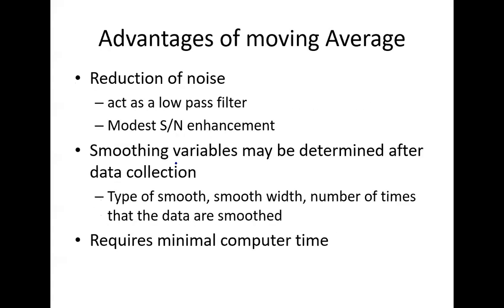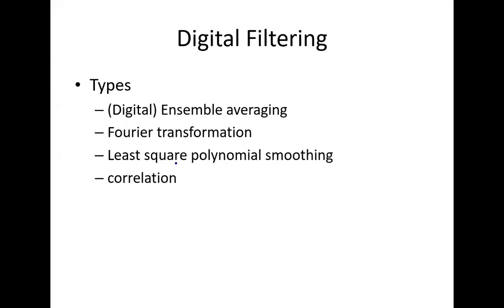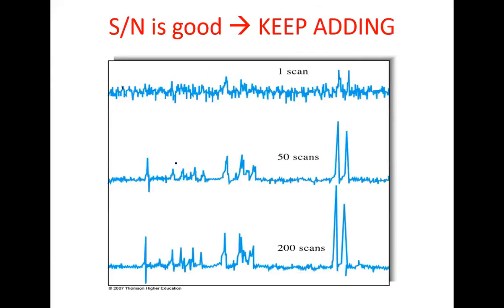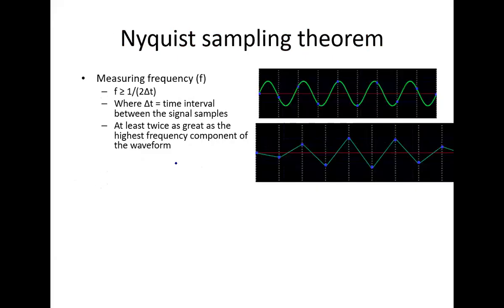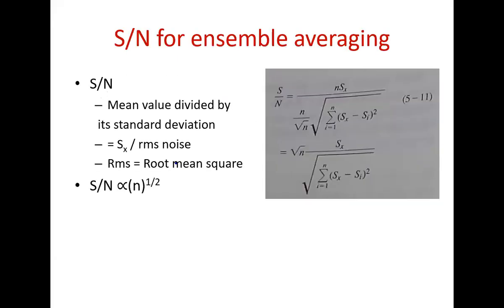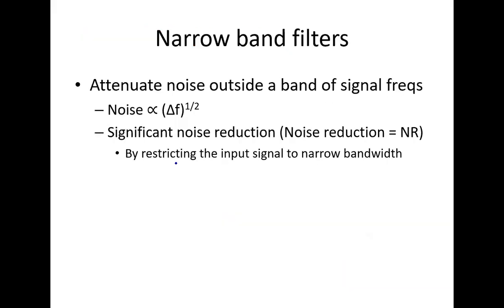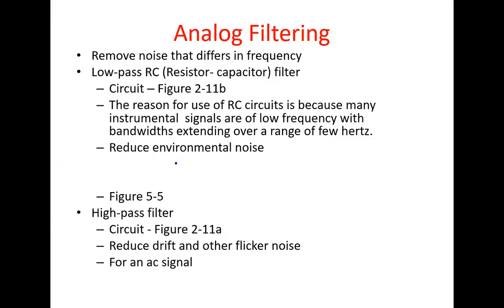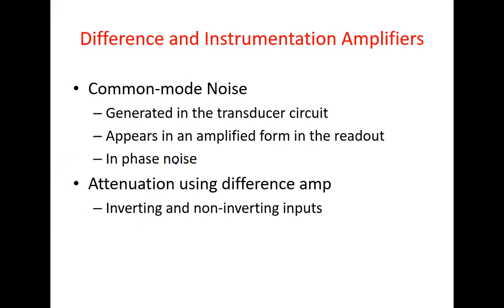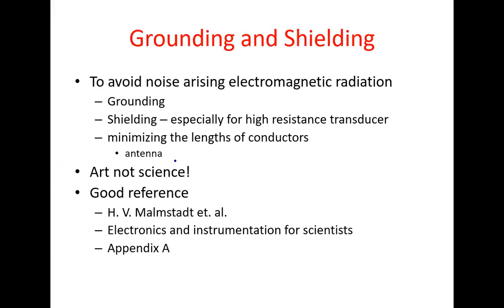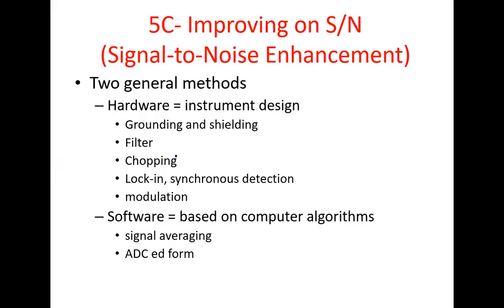What I want to do next, I will not go through this. I want to finish up on Monday with this. There are two general ways of minimizing noise, that is, improving the signal to noise ratio, which means attenuating the noise.